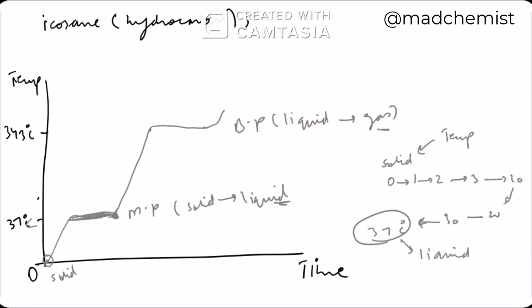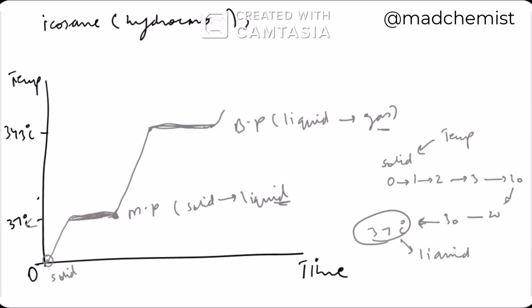And hence, when they achieve 343 Celsius temperature, they are converting at more rate from liquid state to gaseous form. And hence, there's a time when all the liquid is converting into a gaseous form.